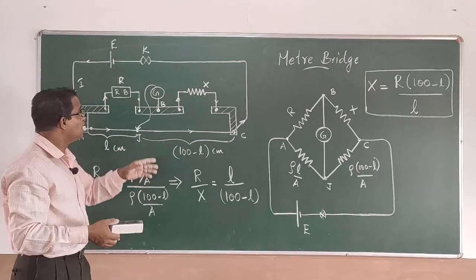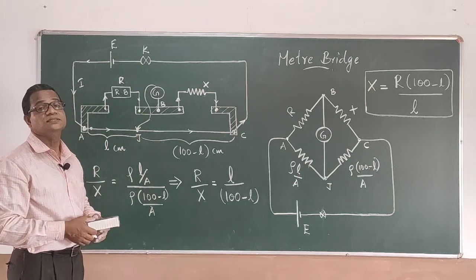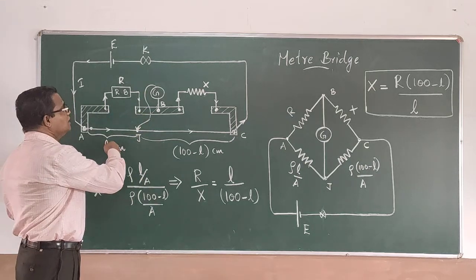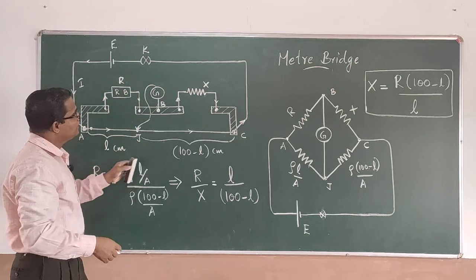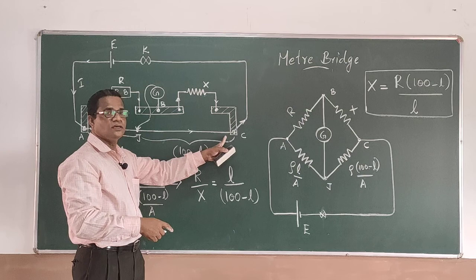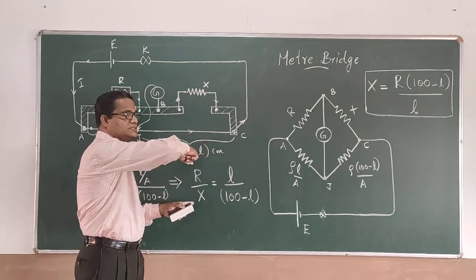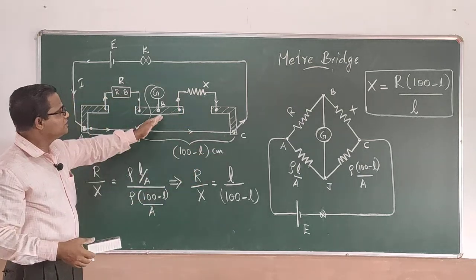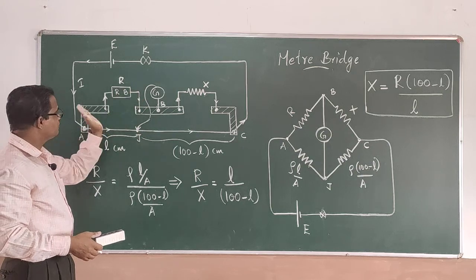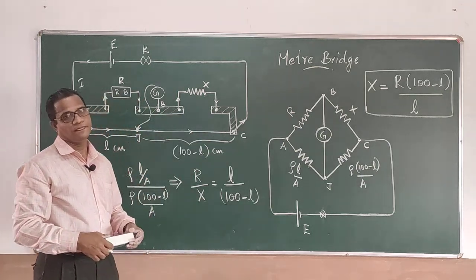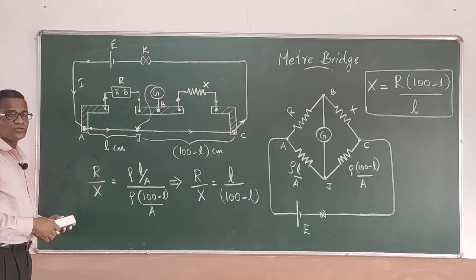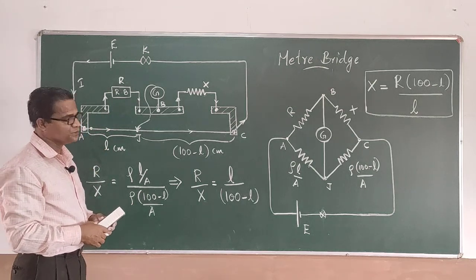So accordingly the galvanometer current flows in that particular manner, that it will be flowing in this way. But when it comes here, it flows like this, and therefore the galvanometer shows deflection on one side and at this end to the other side. That is based on the flow of current through the galvanometer.